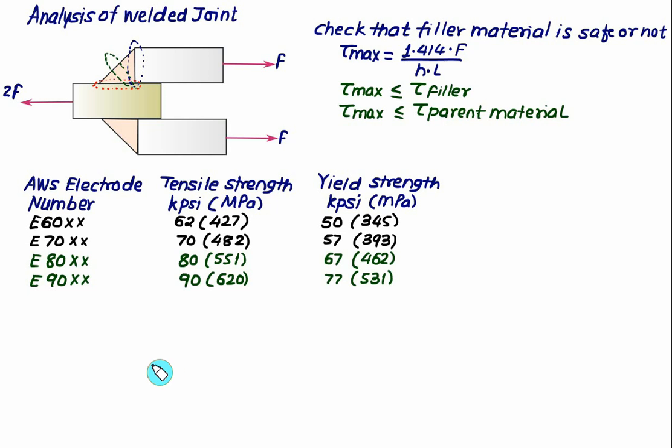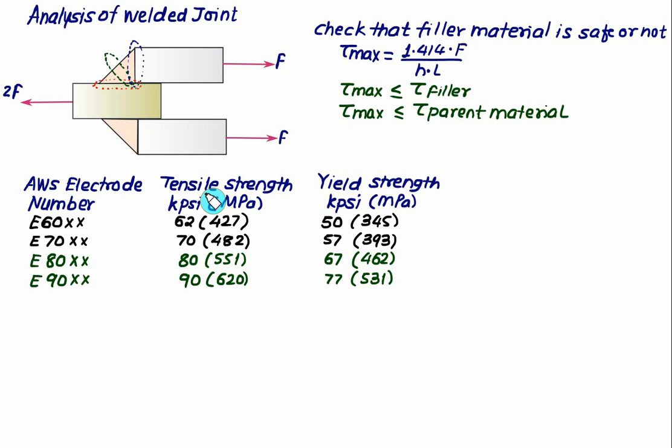So here I collected some data for the electrode. The electrode number has 4 digits. The first 2 digits represent the tensile strength, and the remaining 2 digits give you the position in which you have to use it. These numbers are given as 60, 70, 80, 90 by AWS, the American Welding Society.